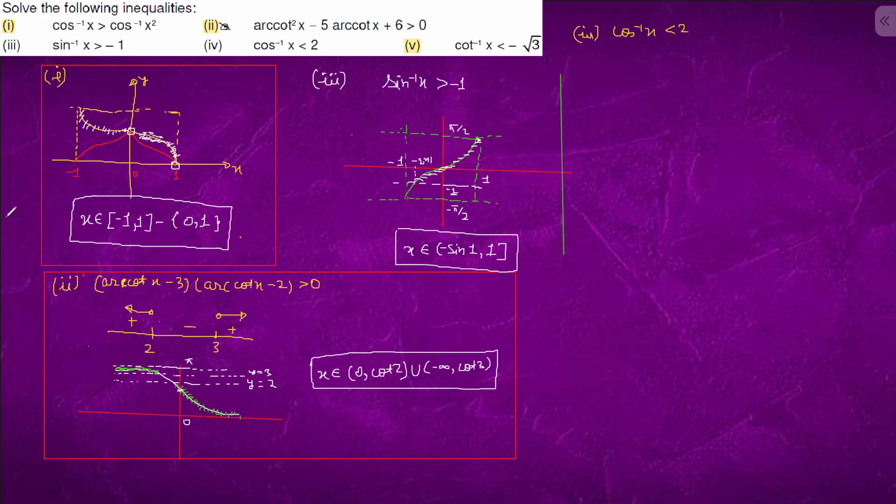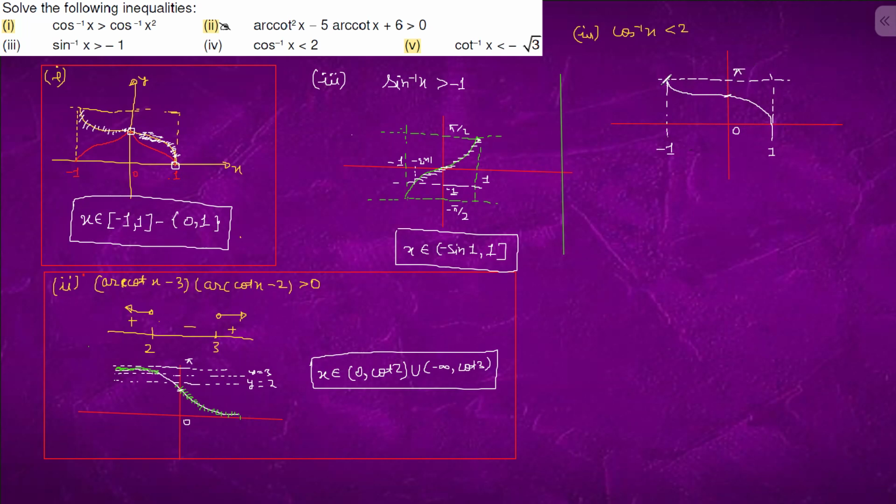We'll first plot a coordinate axis, and then we'll have a cos inverse x graph, which is like this. This is minus 1, this is 1, this is 0, this is pi. This is pi by 2.